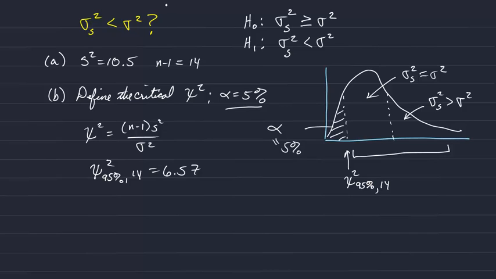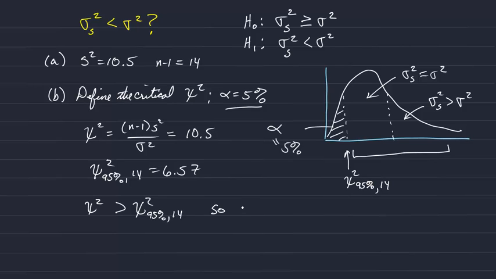Okay, so we already know that our chi-squared value was equal to 10.5. And if we're going to reject the null hypothesis, then chi-squared has to be less than this. And so chi-squared is not less than that. It's greater than our critical chi-squared value.